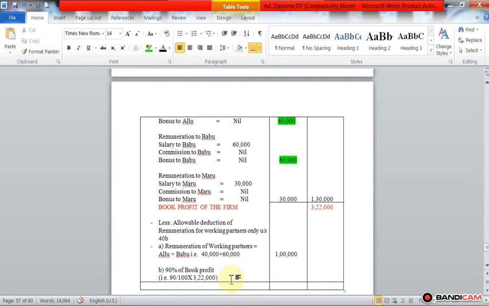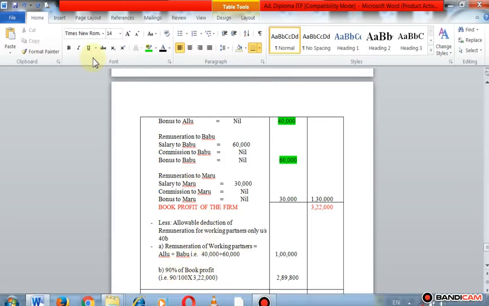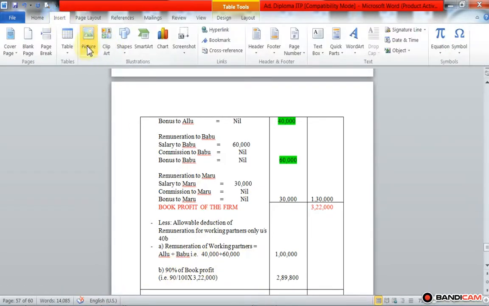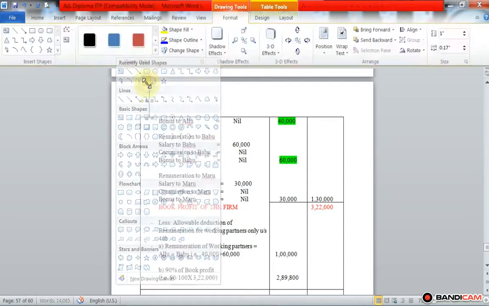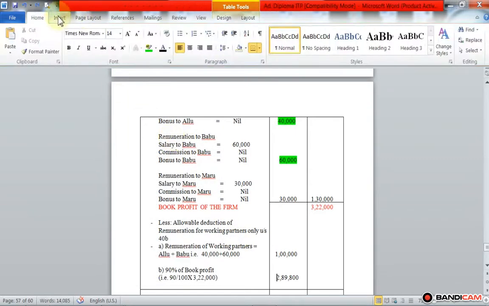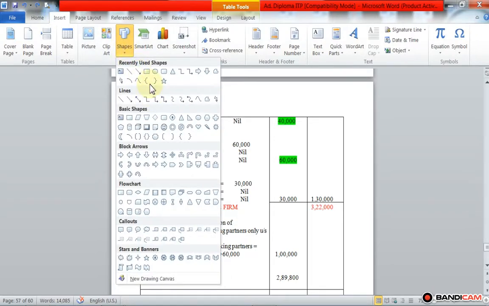So 3,22,000 into 90% is 2,89,800. So here we get a deduction of rupees 1 lakh because whichever is lower from A and B. Got it?